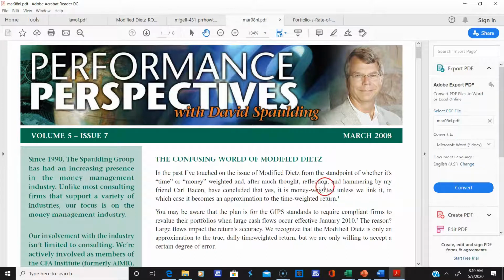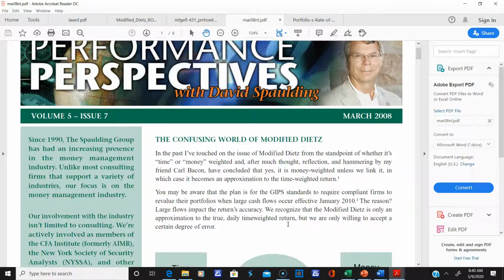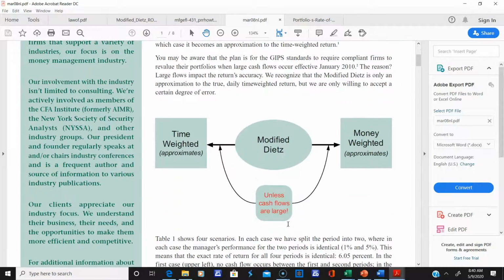And after much thought, reflection, and hammering by my friend Carl Bacon, have concluded that yes, it is money weighted unless we link it, in which case it becomes an approximation to the time weighted rate of return. And you can see we linked it, right? So you can see there's always confusion about this. Okay, so here's time weighted approximate, and here's modified Dietz, and here's money weighted.